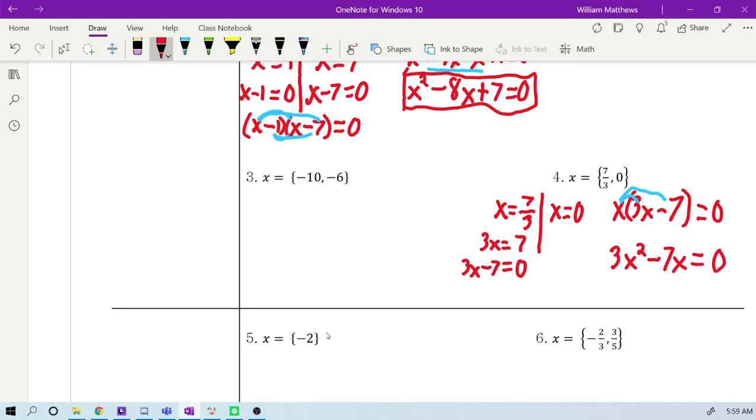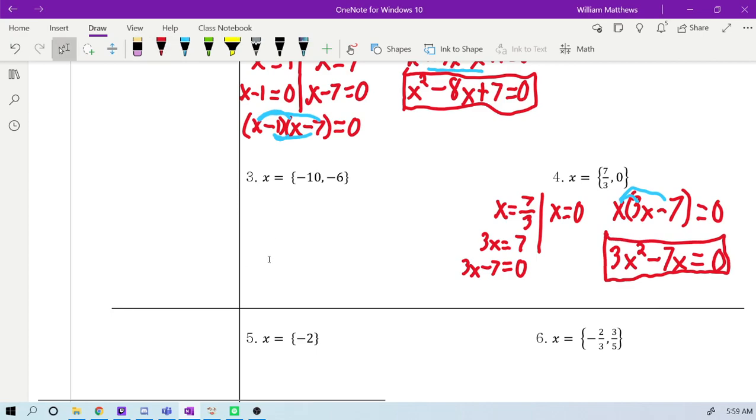So in standard form, our a value would be 3, our b value would be negative 7, and then our c value would be 0, since we do not have a constant. Now you can continue this process throughout, but it's going to be the same steps on each one.